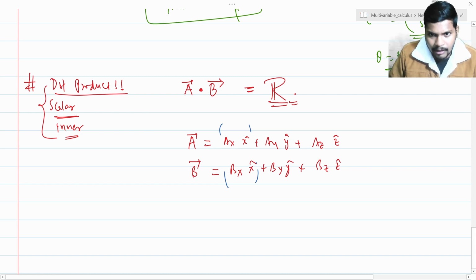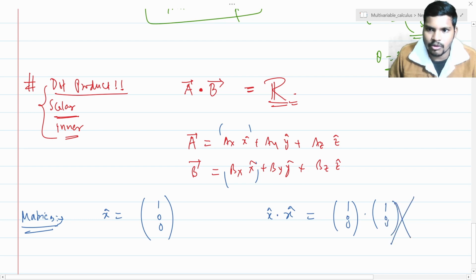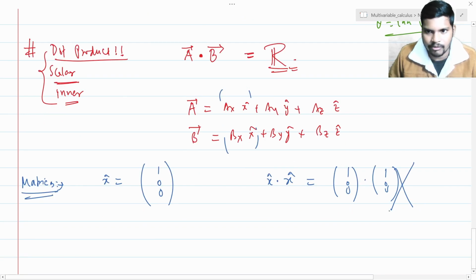Suppose I show you from the matrix, and then we will talk about some cool property. In matrices, x hat in three dimensions is written as 1, 0, 0. If I have to multiply x hat and x hat, from matrix multiplication I cannot just write 100 dot 100. This is not a rule. So I have to take the transpose of this quantity, and then multiply with this one.